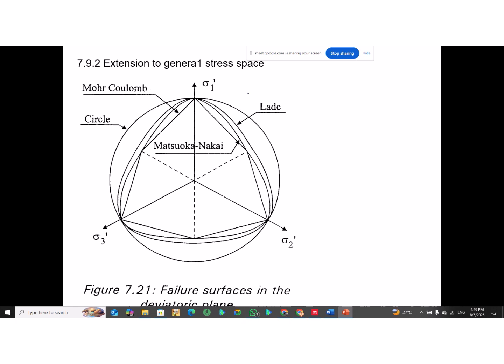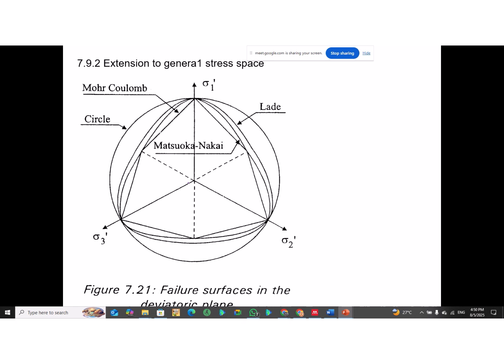If you draw this in sigma 1, sigma 2, sigma 3 space, these are the other failure surfaces in the deviatoric plane as per different authors. So Mohr-Coulomb, then we have the circular one, then Lode. These are different authors trying to produce failure surfaces in the deviatoric plane.